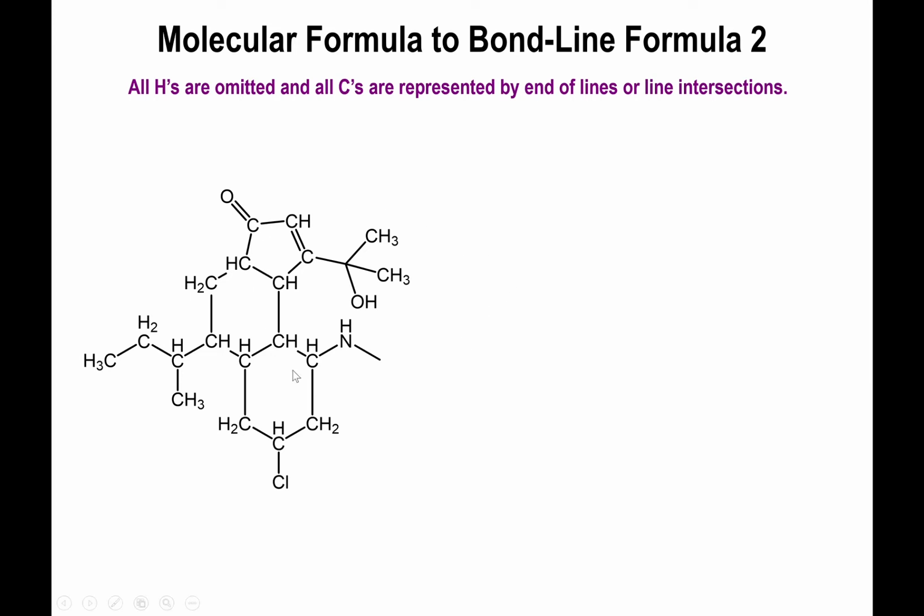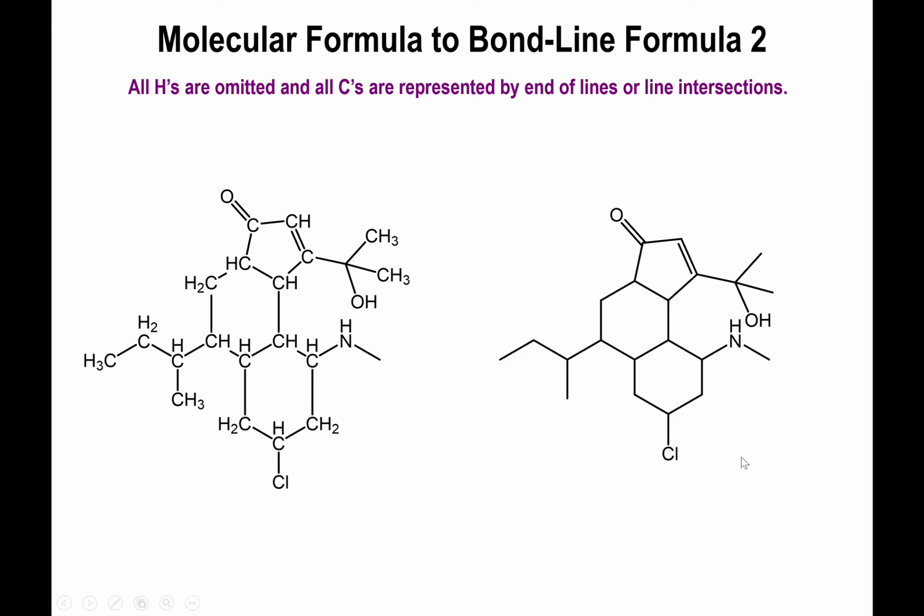Okay, so we have the formula right here. The bond formula will basically be the same thing, except that you don't draw the carbons, you don't draw the hydrogens. Any other atom that appears, you have to draw. And if hydrogen is bound to anything else other than carbon, you draw the hydrogen. So that means that we go from this structure to the one right here. And notice once again that the oxygen up here, the chlorine down there, oxygen here, and nitrogen there are still represented as such in the bond line structure.